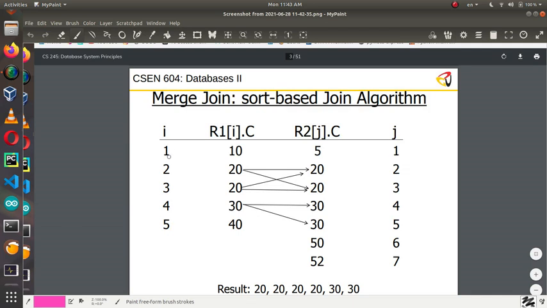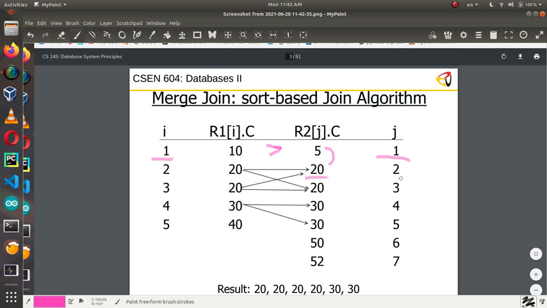So we start at I and J. Next we compare the corresponding two items. 5 is less than 10, and since this list of numbers is sorted in increasing order, we can skip 5 to find 10 in R2, and we may not find 10, that's fine.